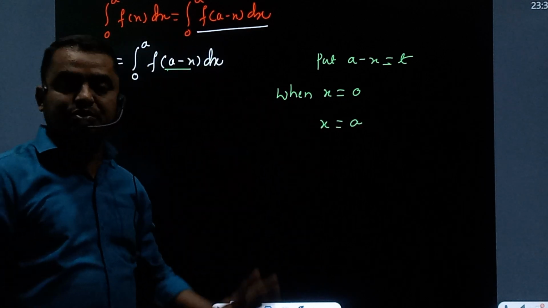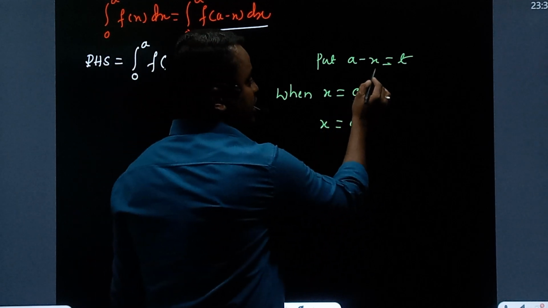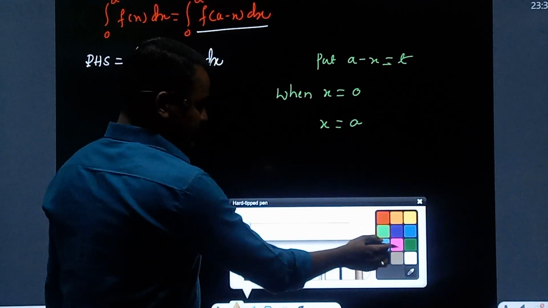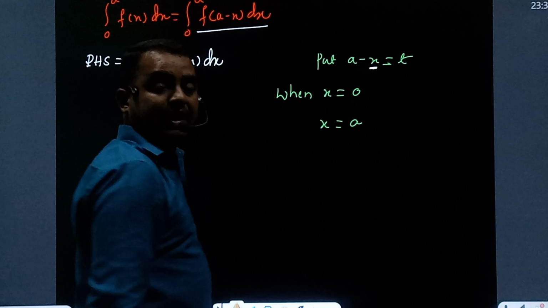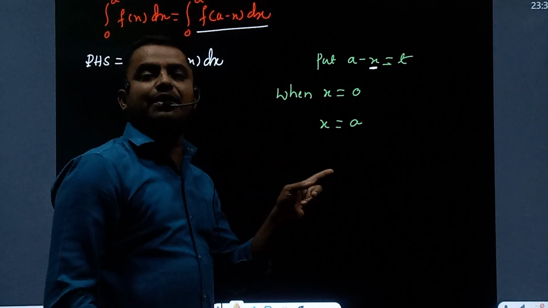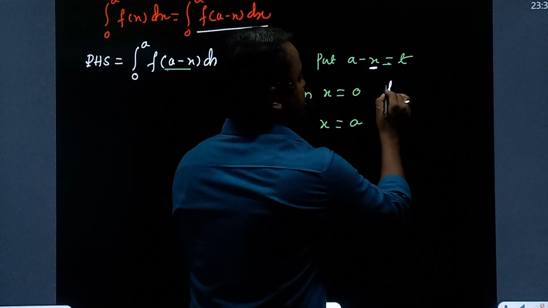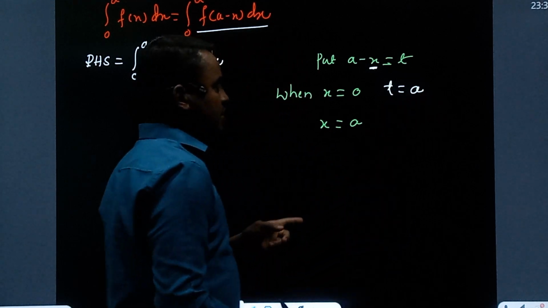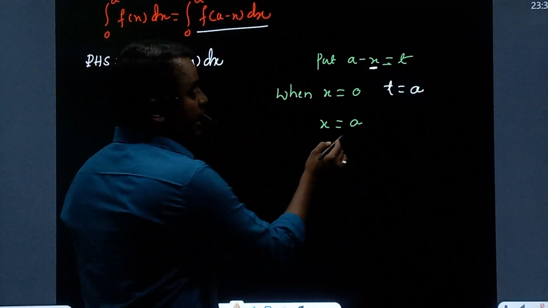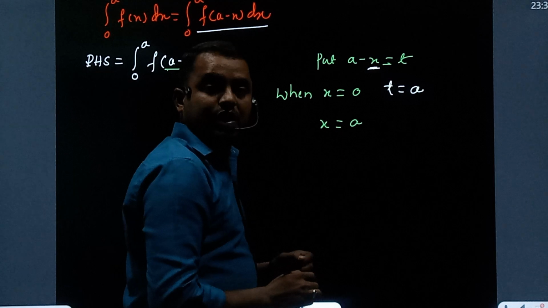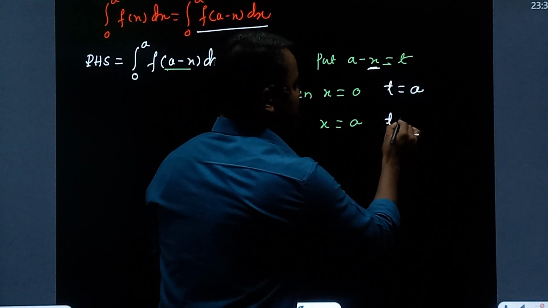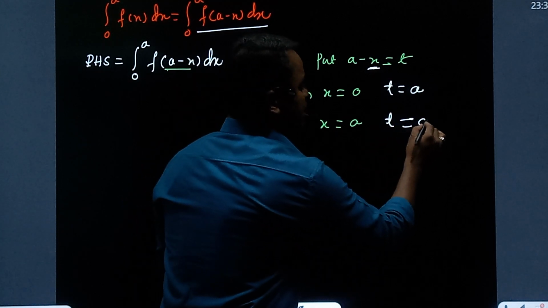When x is equal to a, a minus a is 0, that is t is equal to 0. It is very simple.